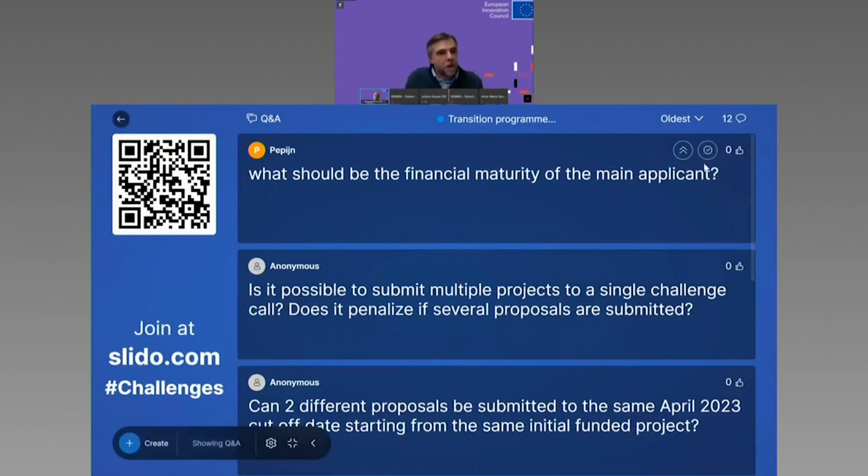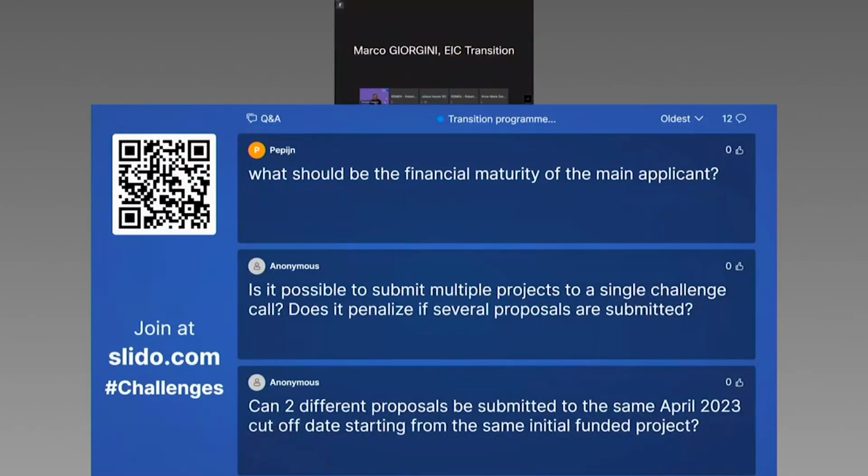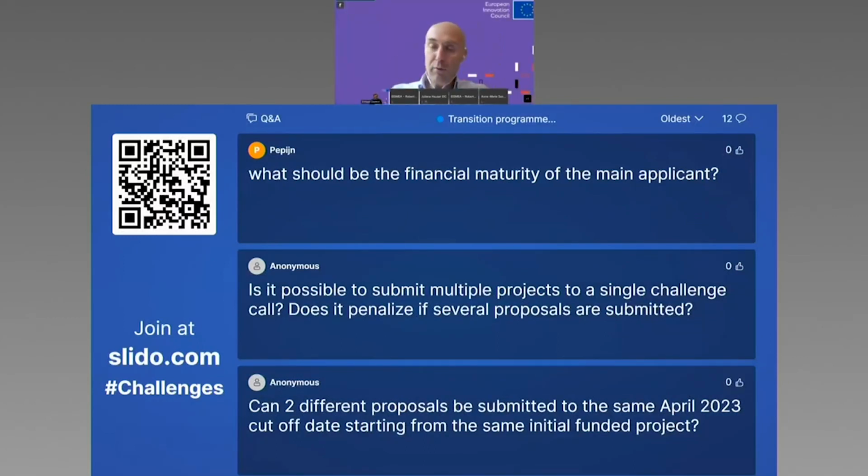What should be the financial maturity of the main applicant? Okay. This is for you, no, Marco? Yeah, I can take this. Well, the applicant of EIC transition in terms of financial maturity is any. Of course, financial capacity will be assessed during the grant agreement preparation. So what does it mean? If you end, for example, your ERC PoC with a startup with limited headcount and limited capital, you might not be financially capable.